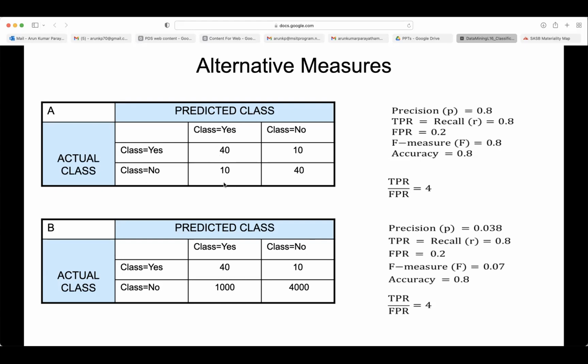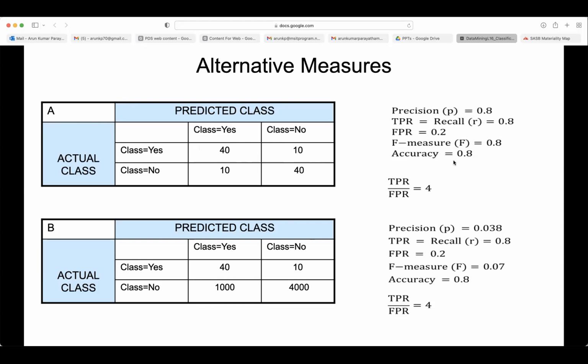So in the total positives, how many false positives are there? 10 by 50. That is 0.2. How many true positives are there in total predicted positives? That is 40 by 50, that is 0.8. And accuracy is also 40 plus 40, 80 by 100.